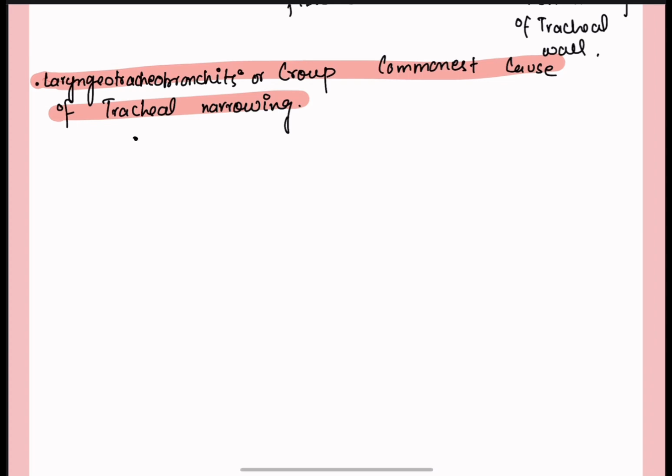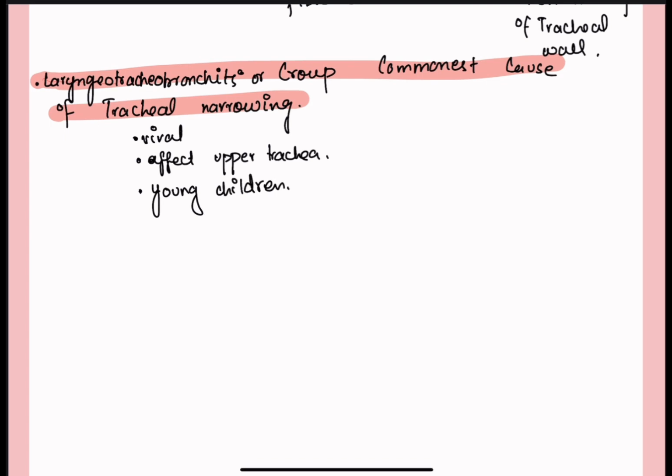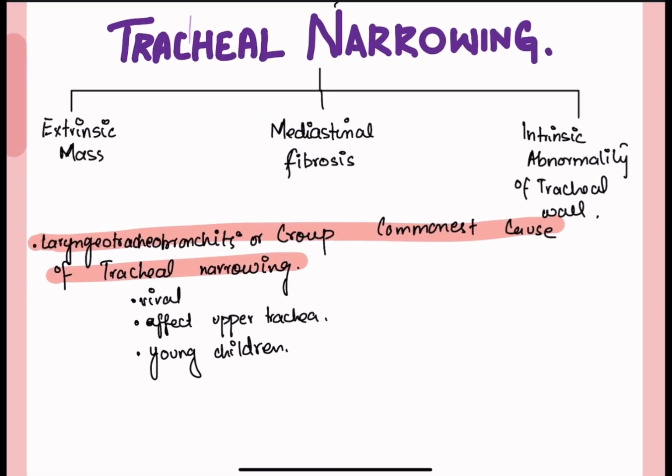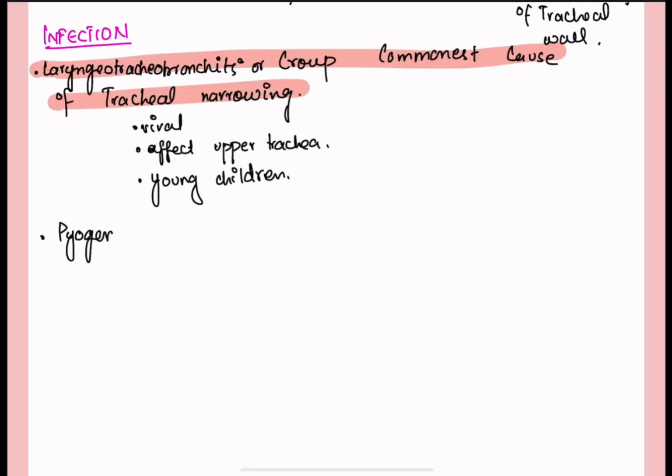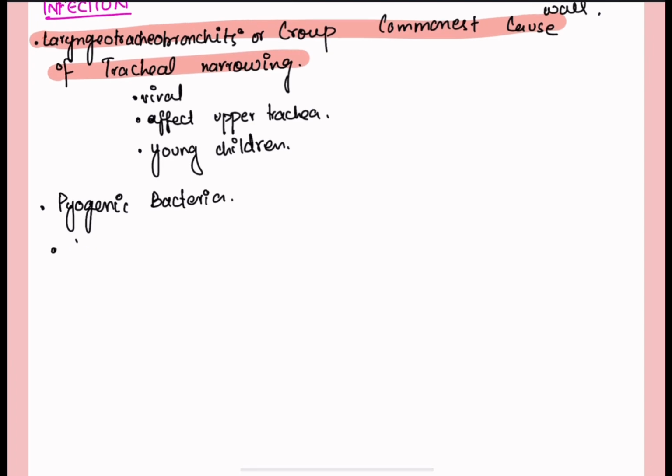The other causes are pyogenic bacteria and tuberculosis.